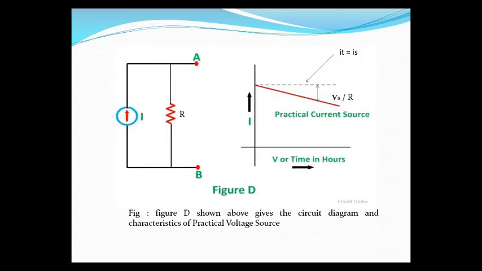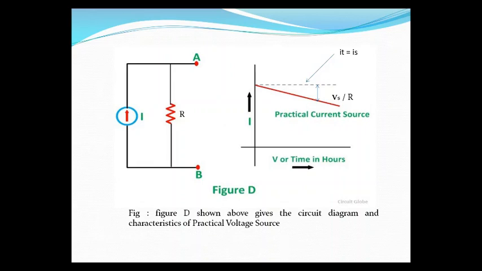See here the figure, the current source is in parallel with the resistance. In the ideal source, the current is constant by increasing this voltage, but in practical current source, the current is decreasing by increasing this voltage.